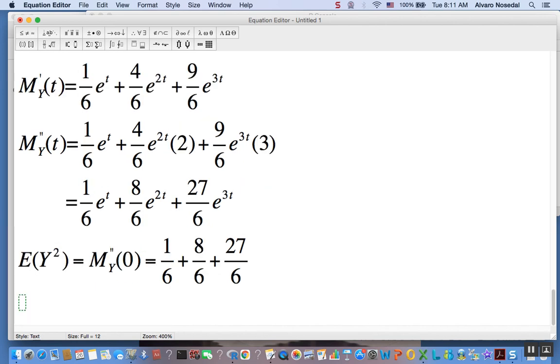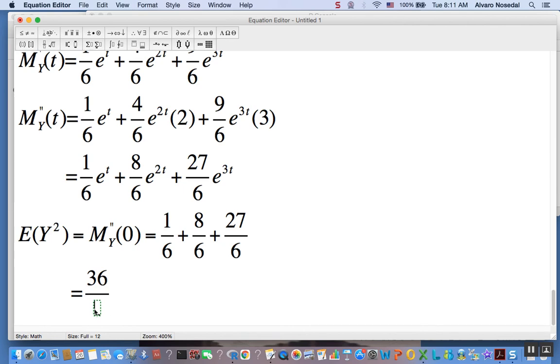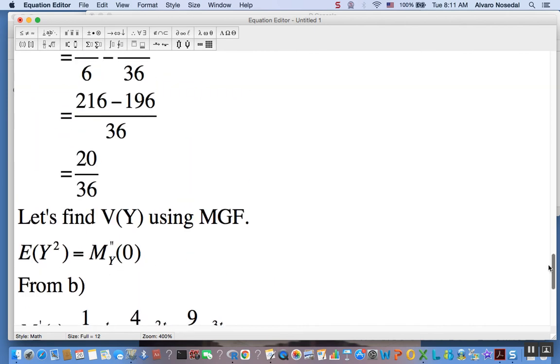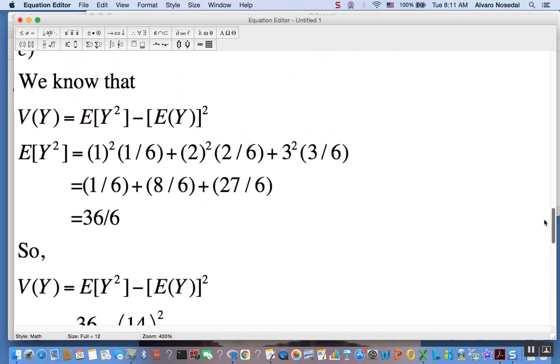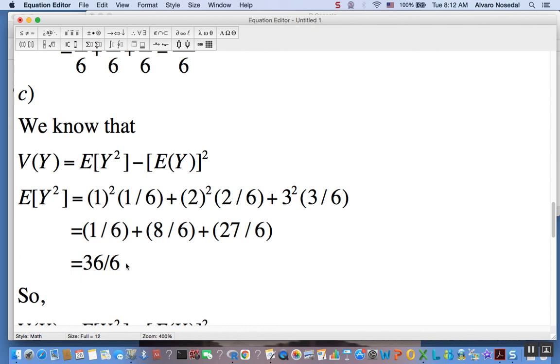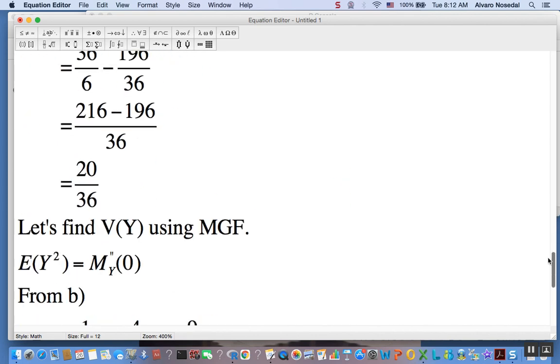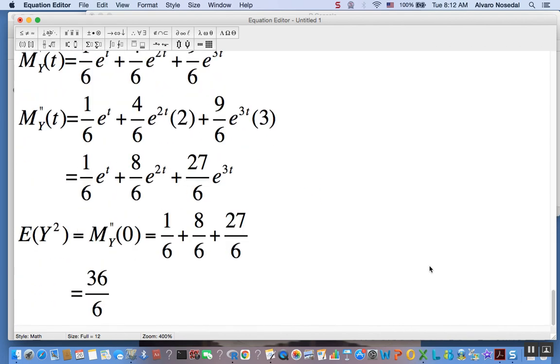So in the end, the expected value of y squared will be 36 over 6. But that's the same thing that we obtained using the alternative way of finding the variance. We use the distribution of y to find the expected value of y squared. So we're going to end up with the same for the variance.